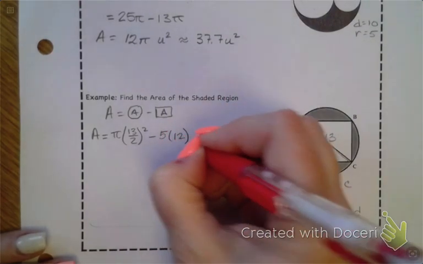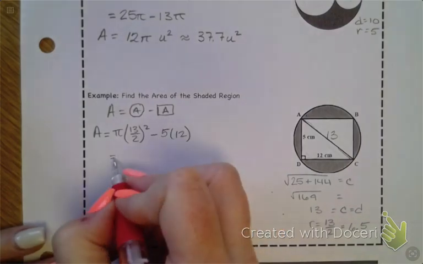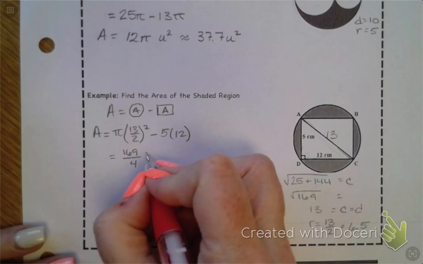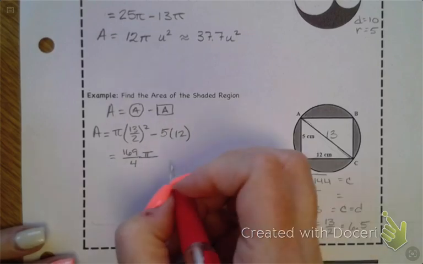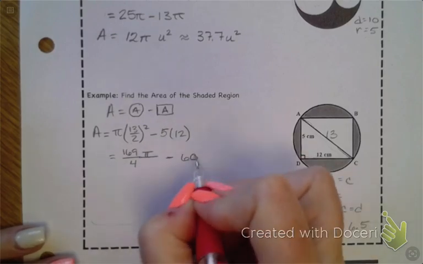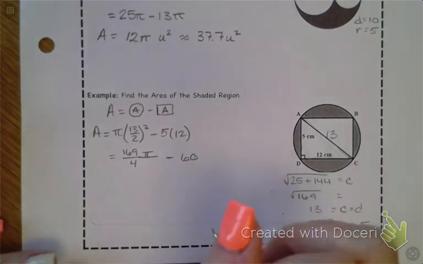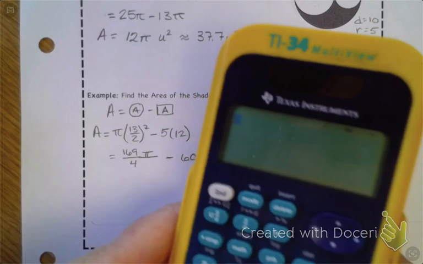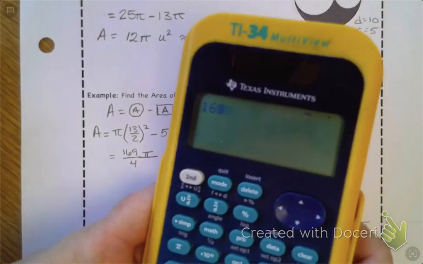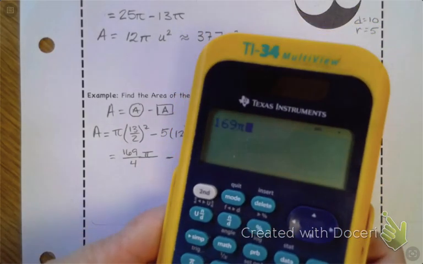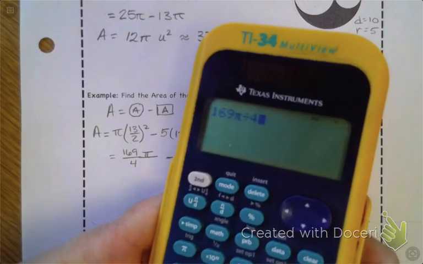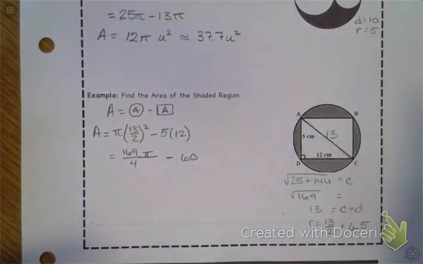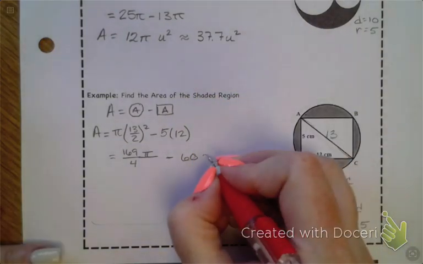So then 13 squared is 169, 2 squared is 4 pi, minus 60. Well, I don't know that, so I'm going to put it in my calculator all at one time. I'm just going to put 169 pi divided by 4 minus 60, because it's going to follow order of operations, and I'm going to get approximately 72.7 centimeters squared.